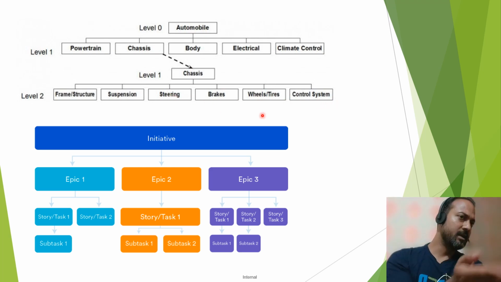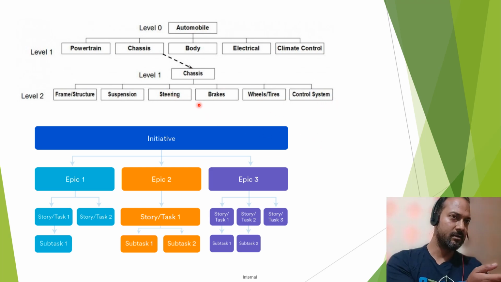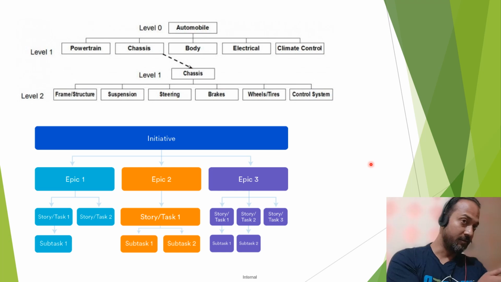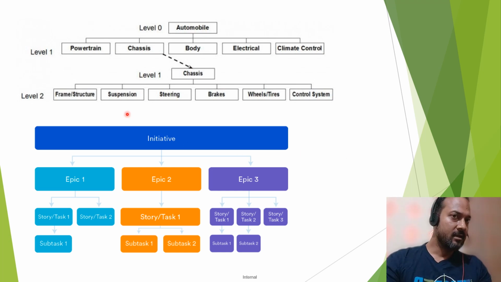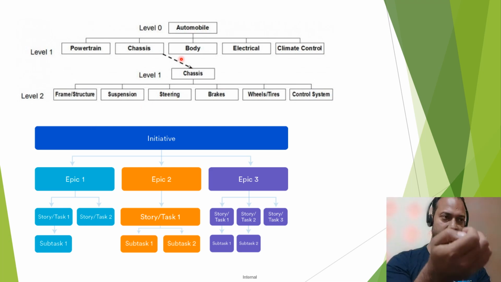So it could be a third level as well, where you are taking out the brakes and then try to divide it into different aspects. That's from the manufacturing or automobile industry. So people who are from the manufacturing industry would be able to relate it with functional decomposition.